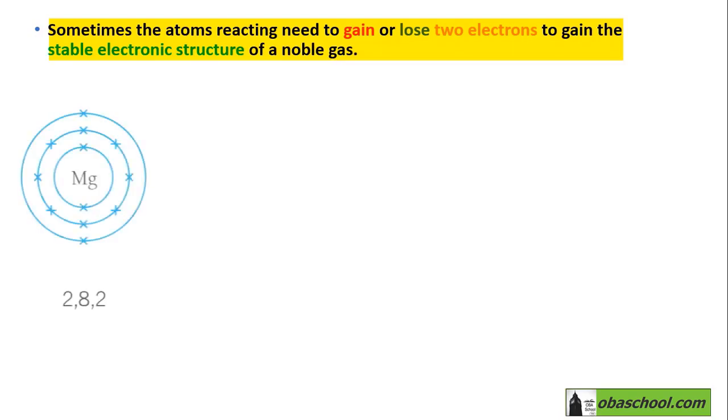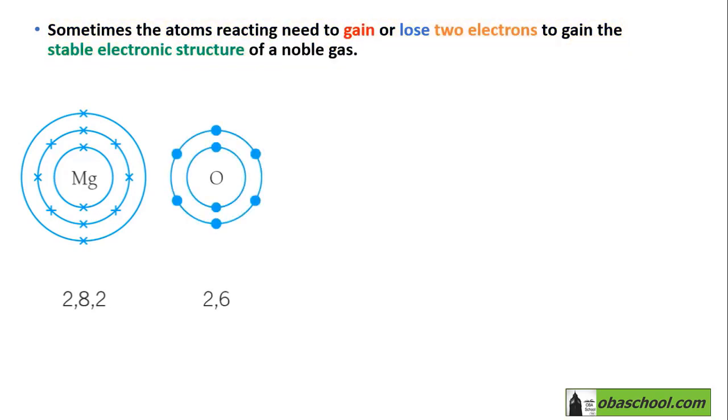An example is when magnesium, which has the electronic structure 2,8,2, 2 electrons in the first shell, 8 electrons in the second shell, and 2 electrons in the outermost shell, which is from group 2, reacts with oxygen, which has 2 electrons in the first shell and 6 in the outermost shell, which is from group 6.